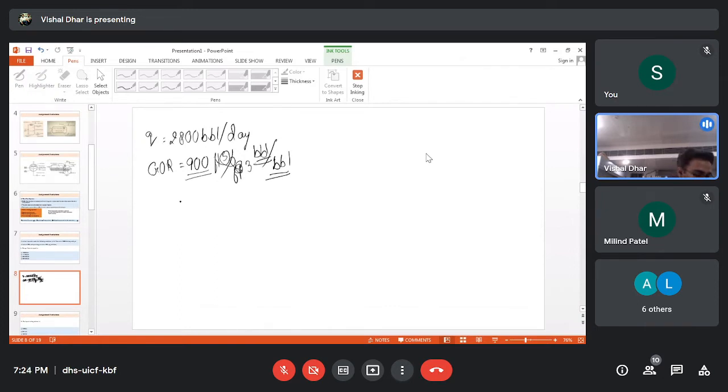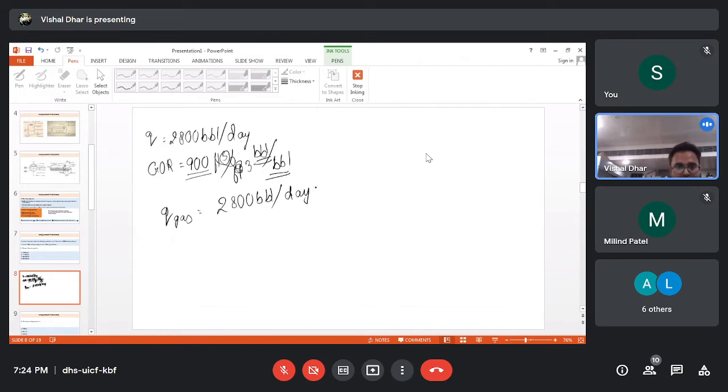If you have to find the gas flow rate, what will it be? Just multiply these two. 2800 barrel per day.